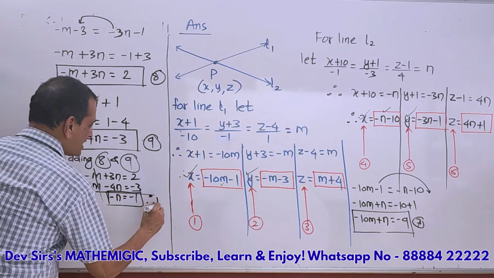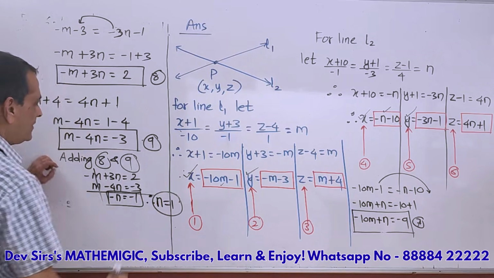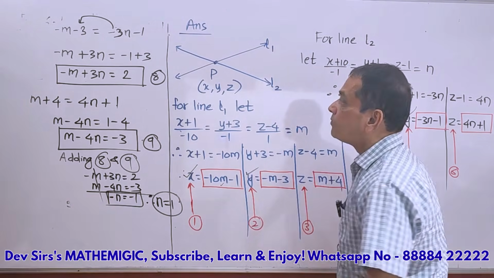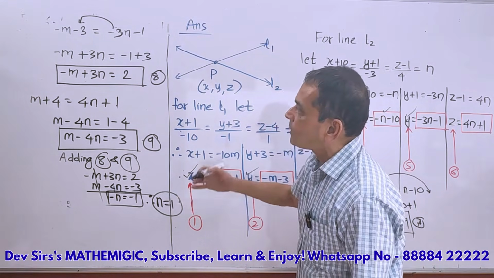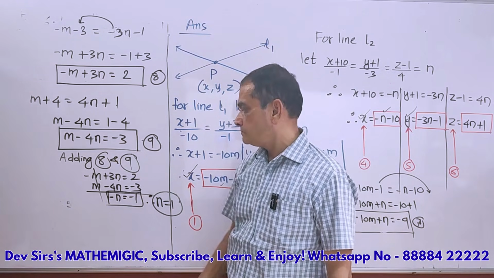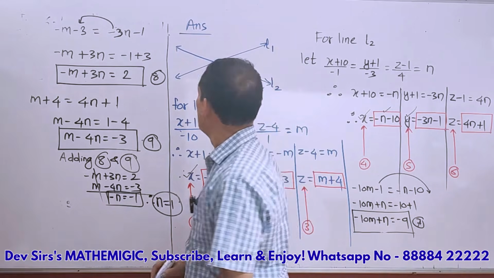The first answer has come: n equal to 1. Minus n equal to minus 1 means n equal to 1. Put n equal to 1 in any equation you want. For example, if I take this equation, n equal to 1, I put over here.